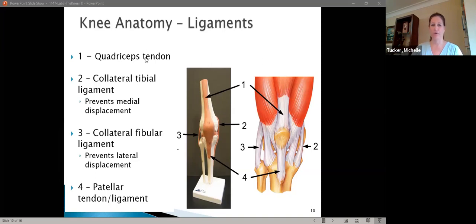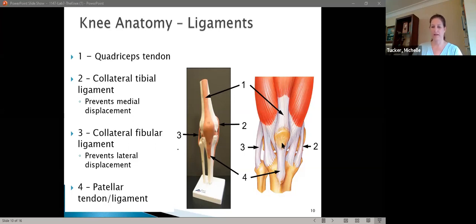We have the quadriceps tendon. The quadriceps tendon is coming down from rectus femoris, so king of the femur. Tendons connect muscles to bones, so it's the connective tissue that is an indirect attachment that is going to connect to the patella.